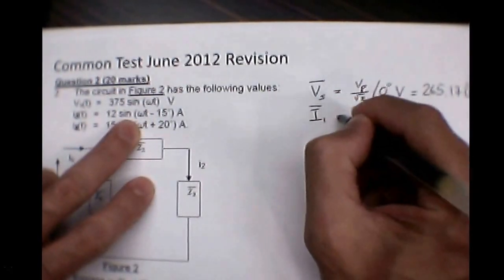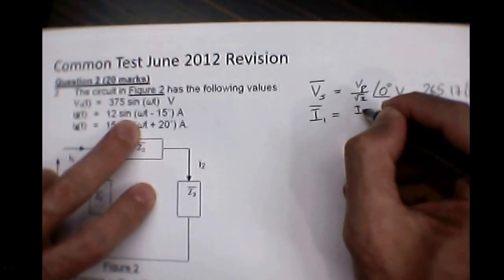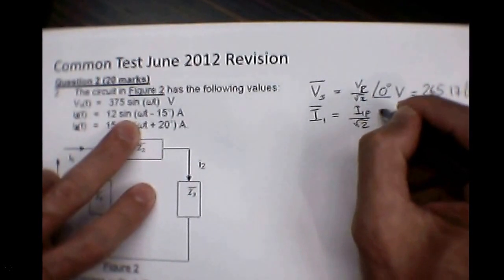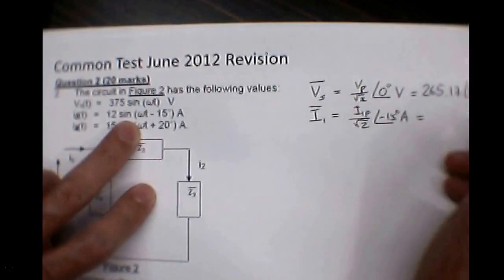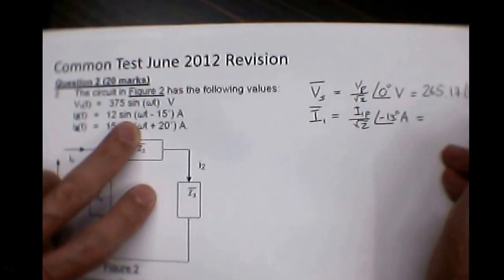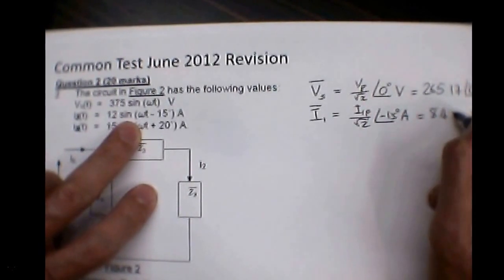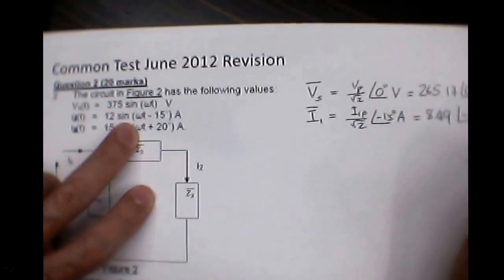For branch circuit number 1, I1 is I1 peak over root 2 at an angle of minus 15 degrees ampere, which equals 8.49 at an angle of minus 15 degrees ampere.